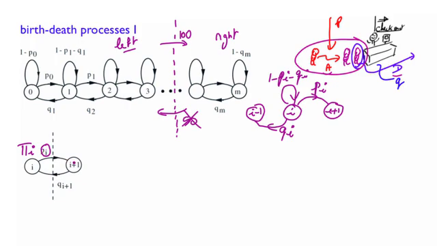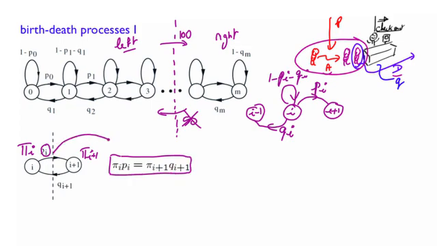So the overall frequency will be pi i times p of i. And with the same argument, this is the frequency with which transitions of that kind are observed: pi i plus 1 times q i plus 1. Since these two frequencies are the same, we get an equation that relates pi of i to pi of i plus 1, like this.